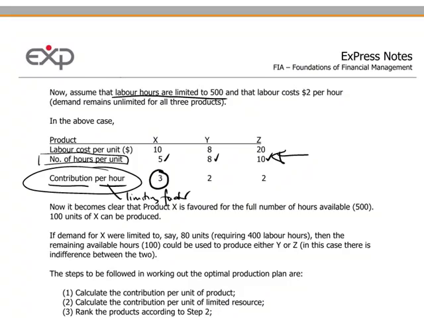If we have a limitation on the number of labor hours available, for every labor hour that we use of that scarce resource, we would prefer to generate $3 of contribution than $2, which would be the case for Y or Z. So we can see now that X looks like it becomes the priority product.